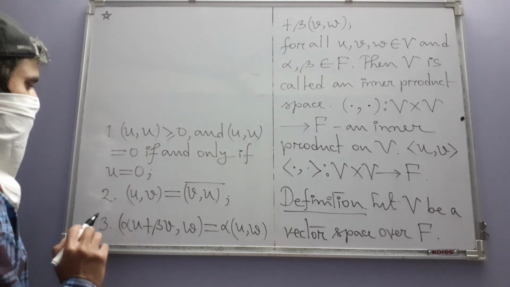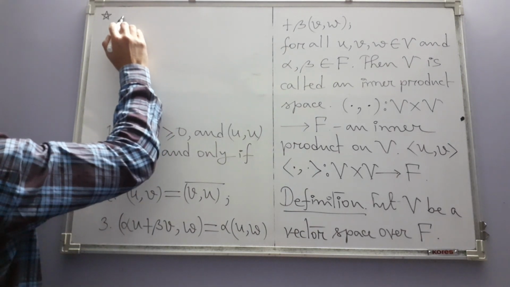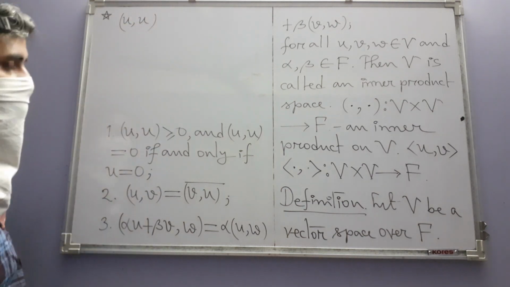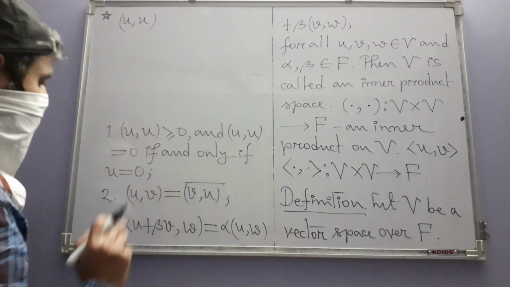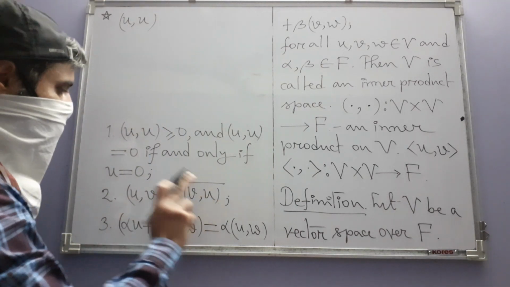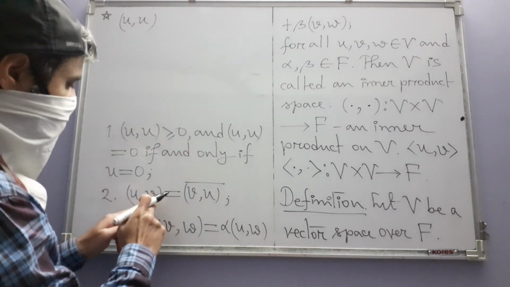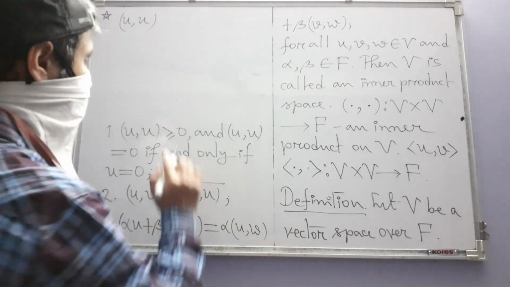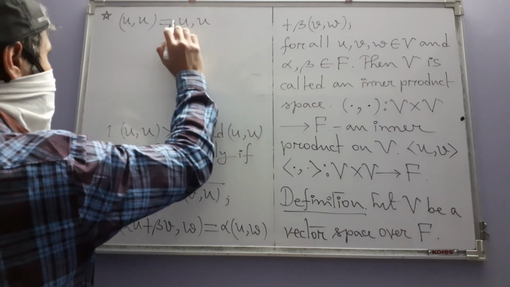So now, if I take this inner product value, then I can apply property 2 to it. Say, in property 2, you take V equal to U. You can take any U and any V, right? So then property 2 is true.